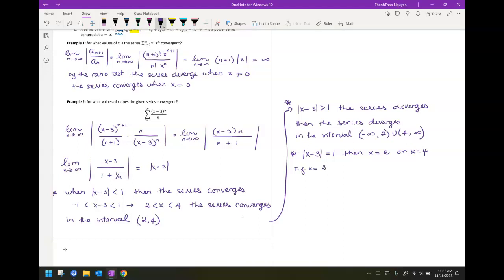If x equals 2, then the series becomes the sum from n equals 0 to infinity of negative 1 to the n divided by n. So this series converges by the alternating series test.